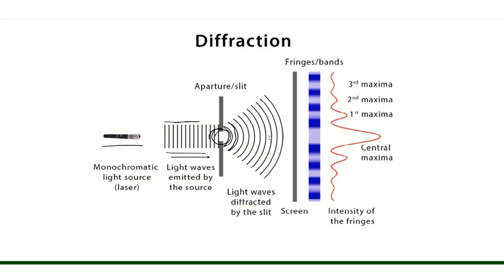That's what we have learned in interference. And it's going to produce a pattern which has a maximum and many secondary minimas on both sides of the main beam or the central peak.